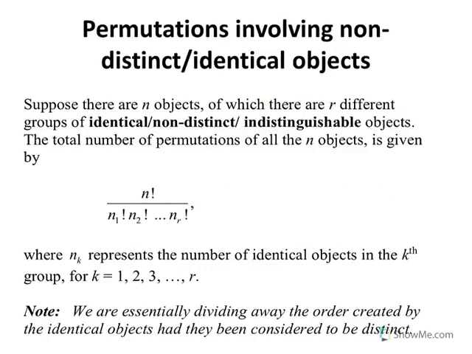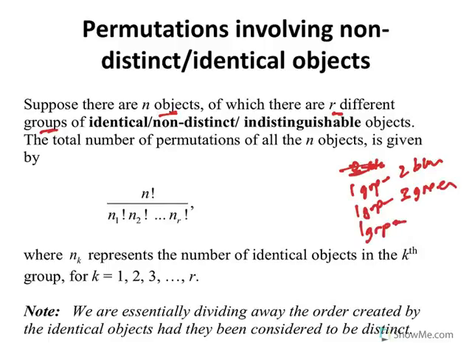However, let's say there are n objects and there are r different groups. So there are many groups of identical objects. Suppose there is one group of 2 blue markers, one group of 3 green markers, one group of 5 yellow markers. Then how do we arrange them?